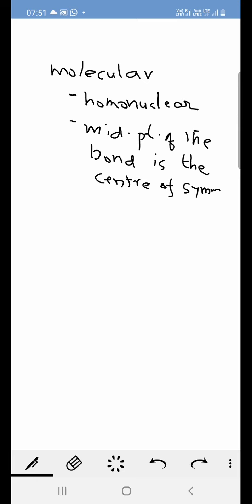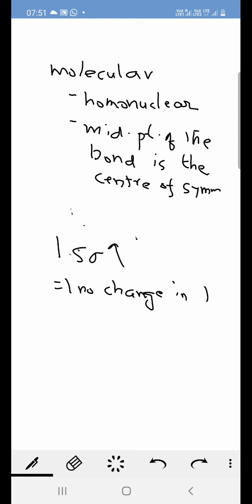This increase in 1s sigma will cause no change in psi, and it is completely symmetrical. So it is called even.